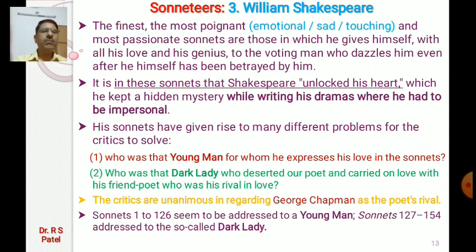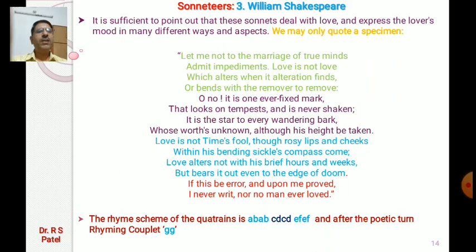So the majority of the portion has been addressed to the young man, and the remaining sonnets from 127 to 154 have been addressed to that dark lady. So this is the picture of the sonnets written by William Shakespeare.